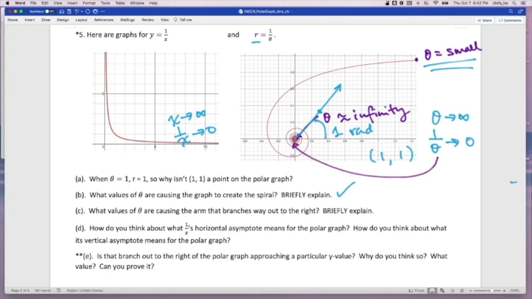So instead of an asymptote line, what you have is an asymptote point, and you might call that a point of convergence. It basically converges into a single point. So the equivalent of a horizontal asymptote would be a point of convergence.